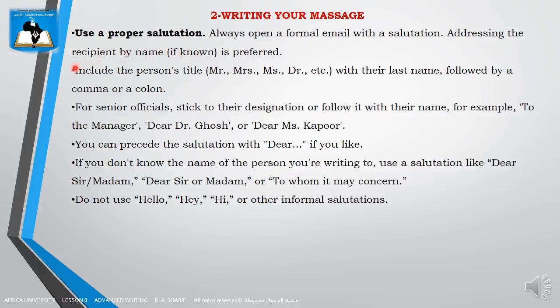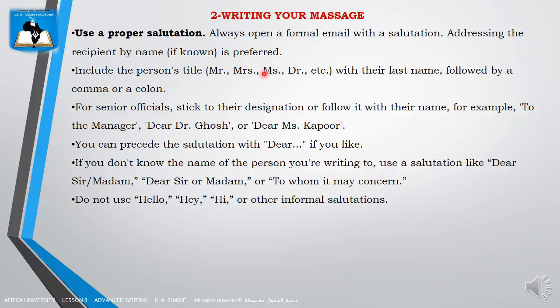So you need to start your formal email by addressing the recipient in a manner fitting the relationship you have with them, okay? So include the person's title. For example, we have Mr., Mrs., Ms., Doctor, etc. Mr. is for a man, Mrs. for a lady who is married, but Ms. is for both, okay?